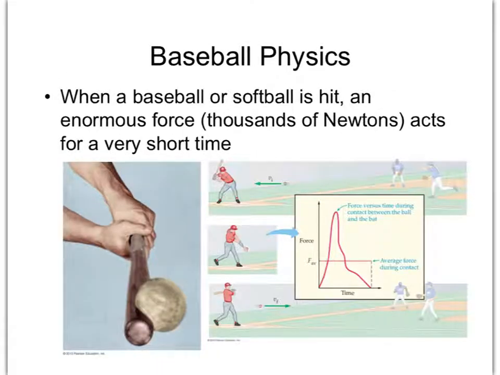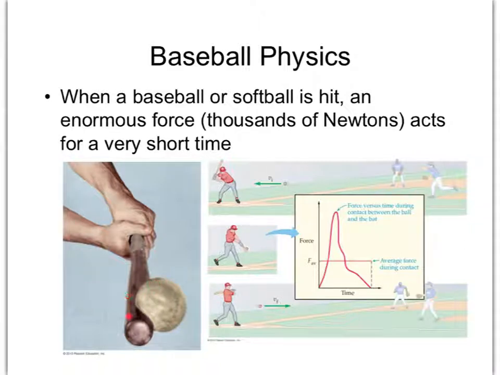So a baseball is a great example of momentum change, okay? You've got a ball coming in right here from the pitcher with some sort of velocity, and then it leaves the bat, assuming it's a good batter, with a different velocity, probably a greater velocity, because the bat is imparting some sort of force to it. But does the ball get stuck to the bat for very long?